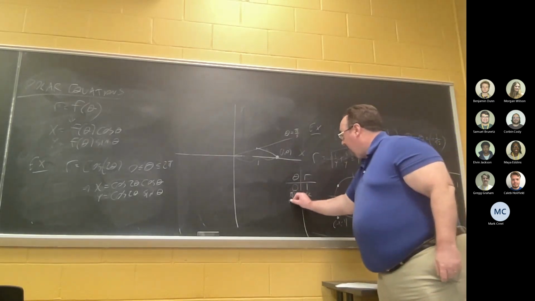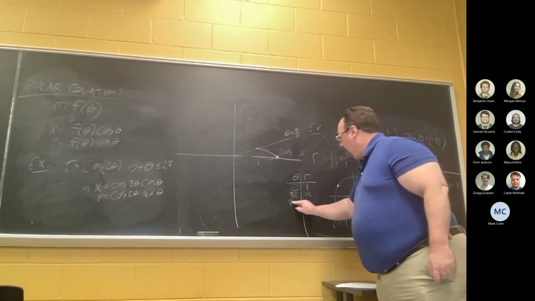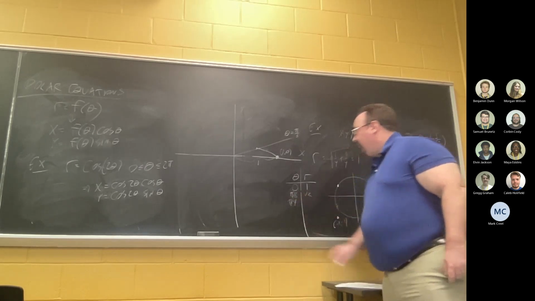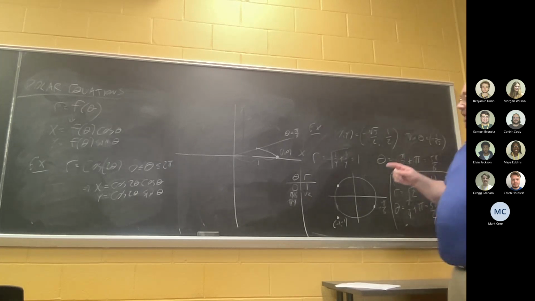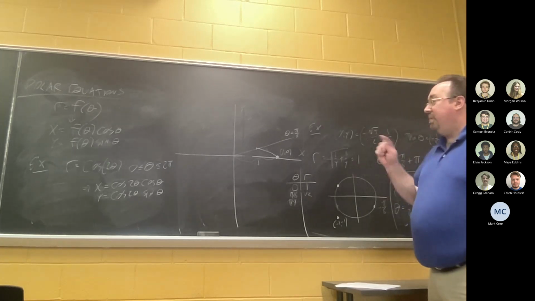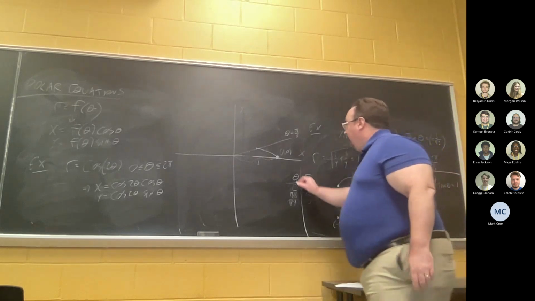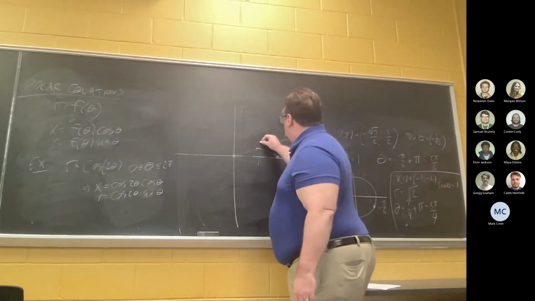I go to another angle, pi over 4. What is my r going to be in that case? Yeah, because I have r is cosine of 2 theta, cosine pi over 2, which is 0. So now I'm at the origin. Okay, so this is my point.